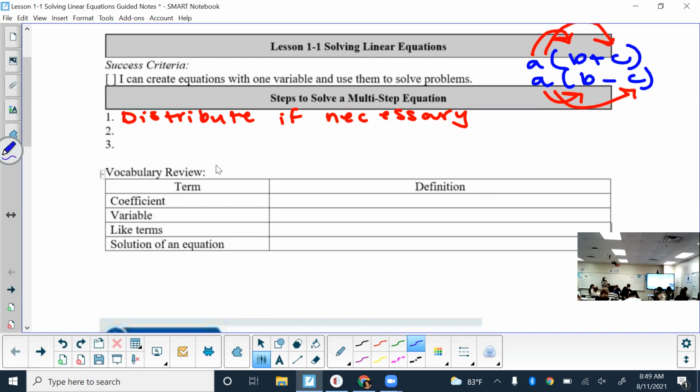Step two is to combine like terms. And we'll talk about what like terms are in a second. A lot of you already know. All right, but after distributing, combine like terms.